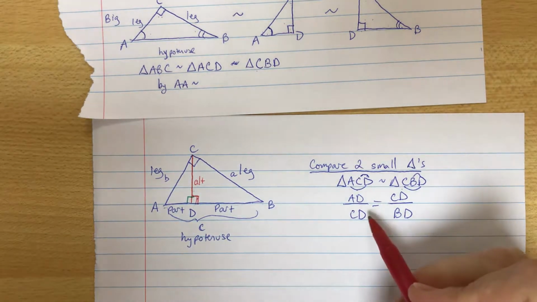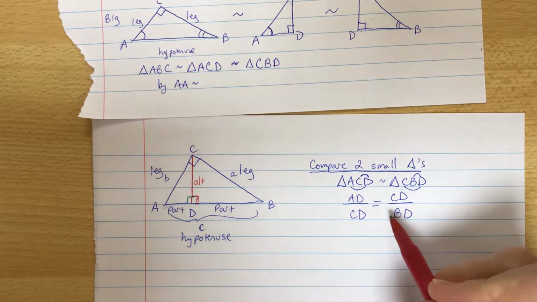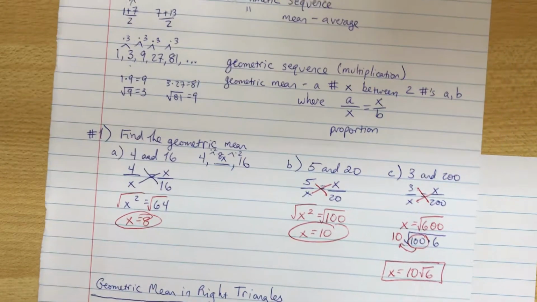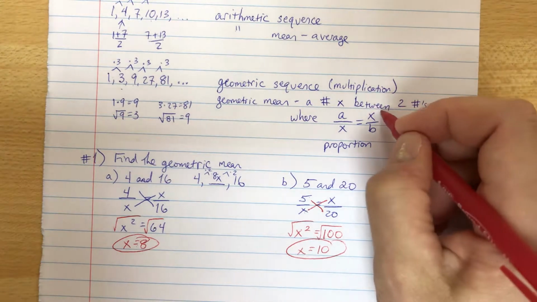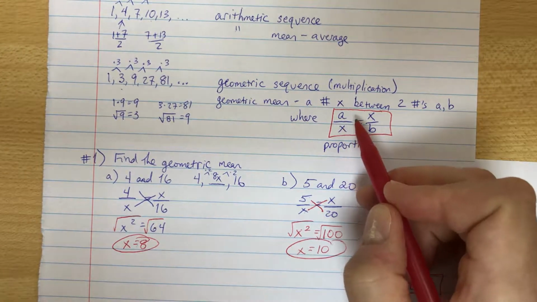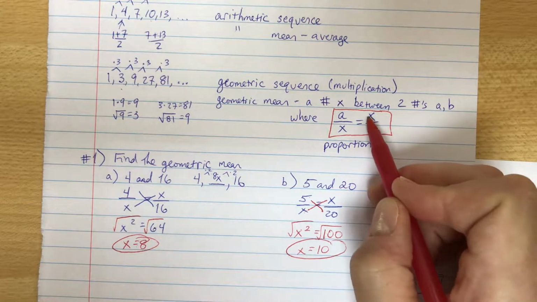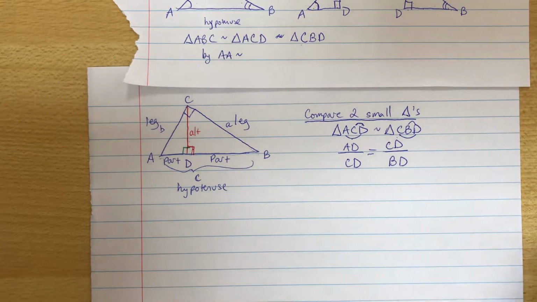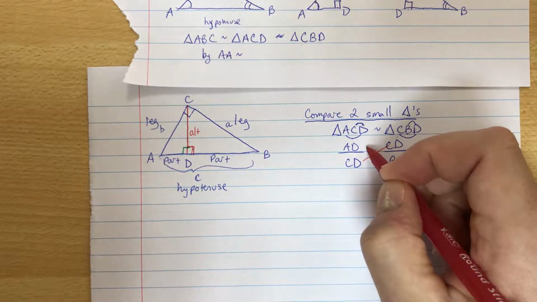Now if you look at that, that should look somewhat familiar to you because back on the front, we talked about what was called a geometric mean, where x, the same value, was in between these 2 values. Well, because we have similar triangles, we have created a geometric mean.